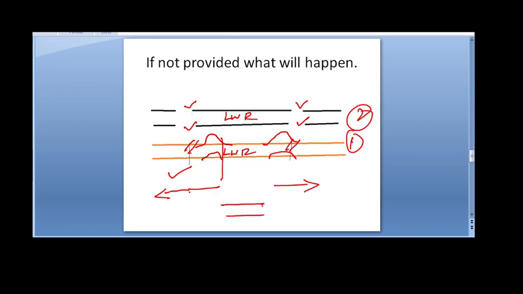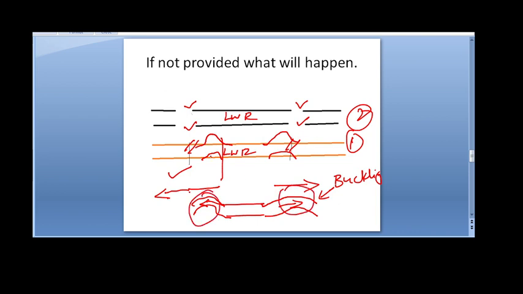Due to this, wherever you find a weak portion in the track, the track may go horizontally like this, and as a result there may be chances of derailment. This structure is called buckling, a buckled track. So as a result there is a chance of derailment in this portion.